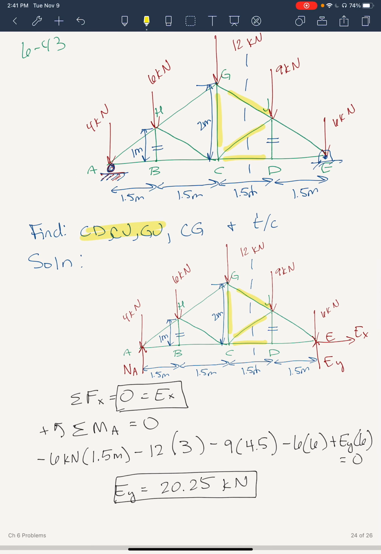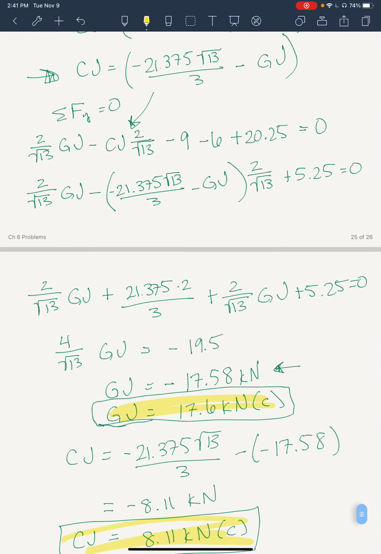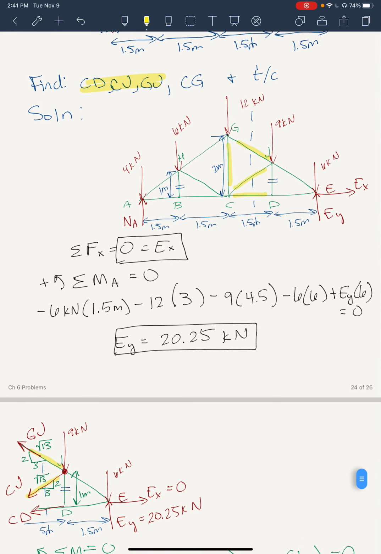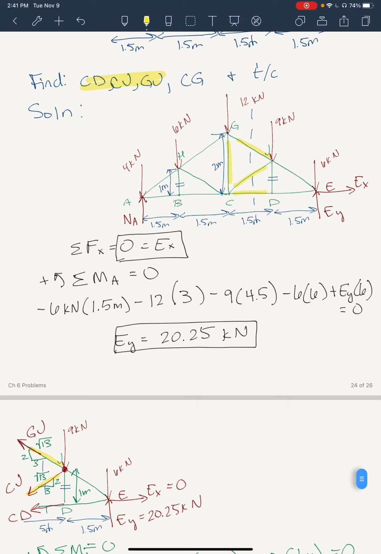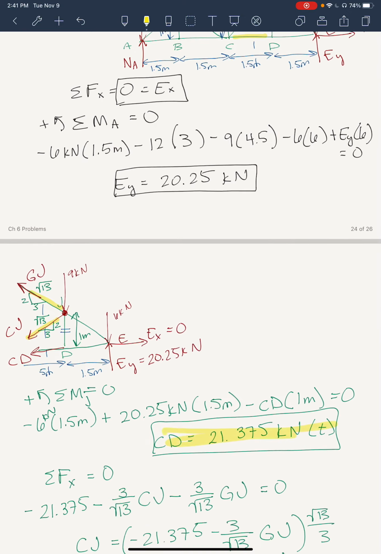We also need to find that CG. So to do that now, we can go to joint G and solve for CG. So we get to go to joint G. Yeah, it'd have to be joint G, because joint C we would have 3 unknowns.